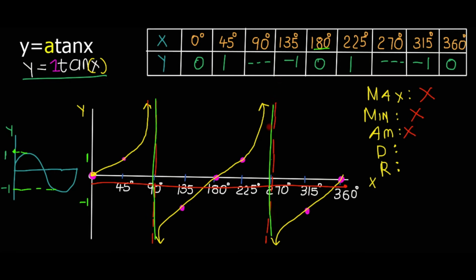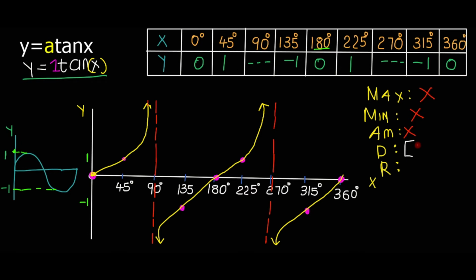So these points are not part of this graph, but 0 and other points are possible for this graph. So to determine your domain, you look at where your graph starts.